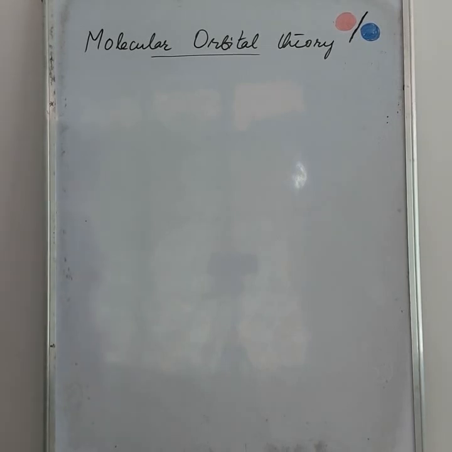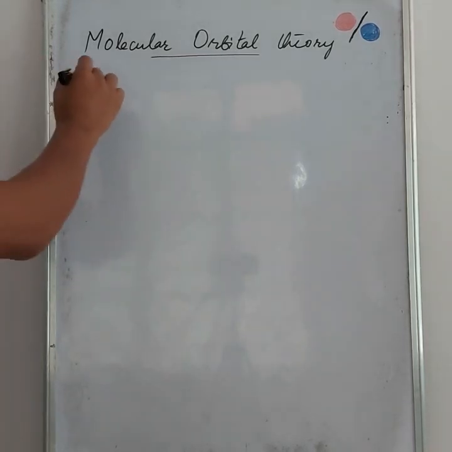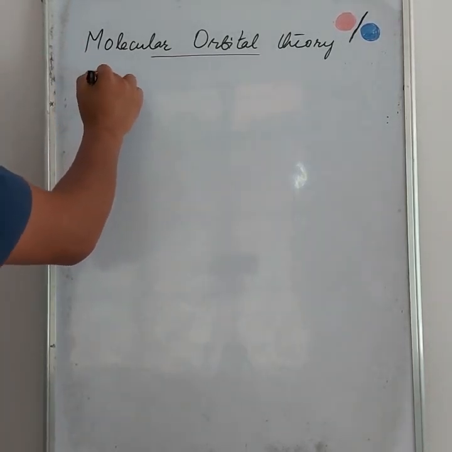Now, we know how to write the electronic configuration of an atom, but for a molecule, let's say beryllium.